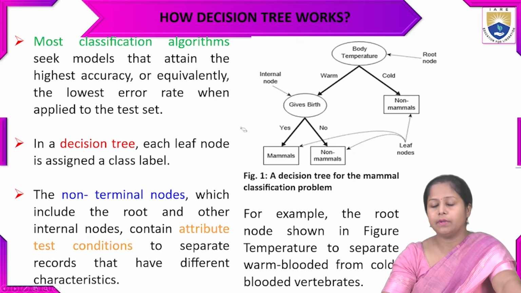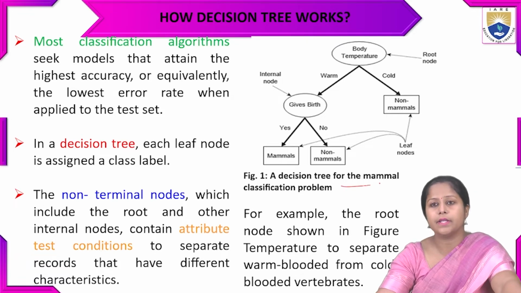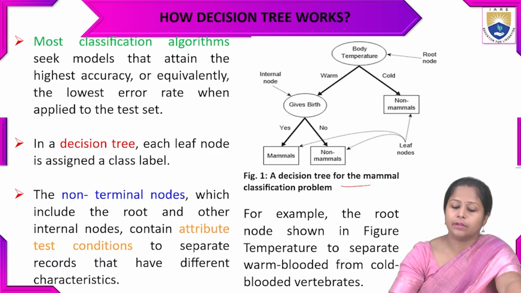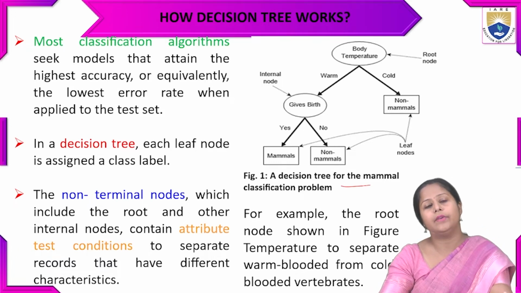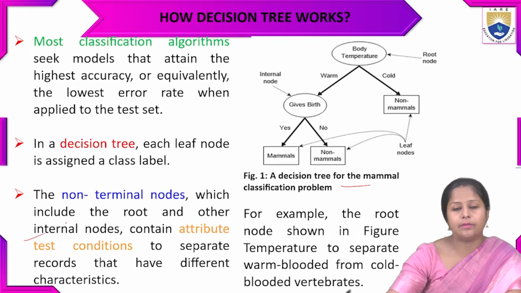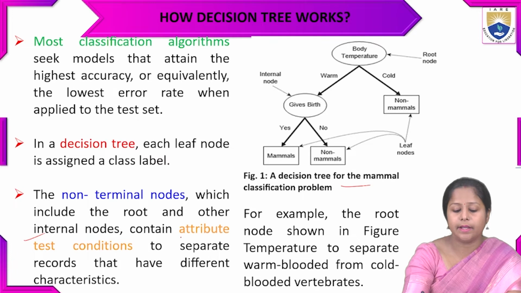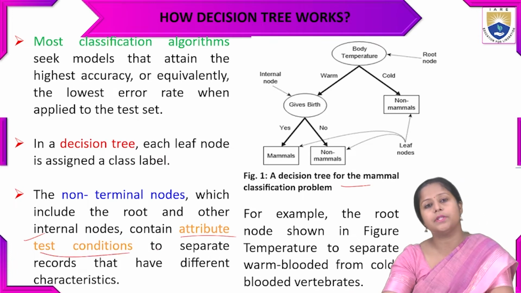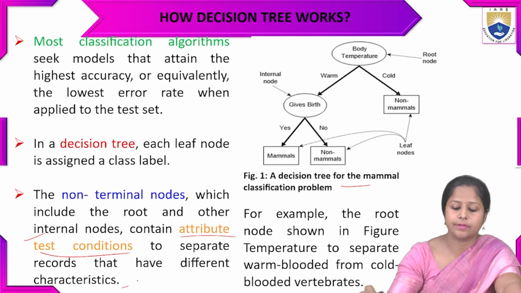In this figure we can see the decision tree for the mammal classification problem. The non-terminal nodes, which include the root node as well as the other internal nodes, contain attribute test conditions to separate records that have different characteristics.